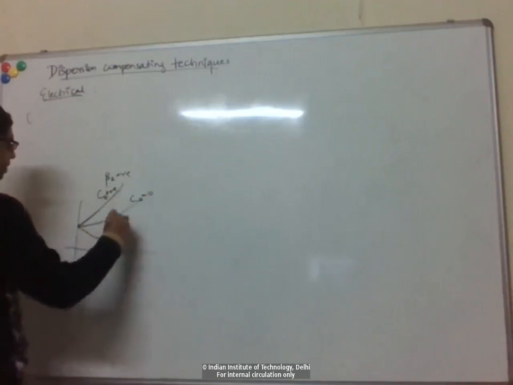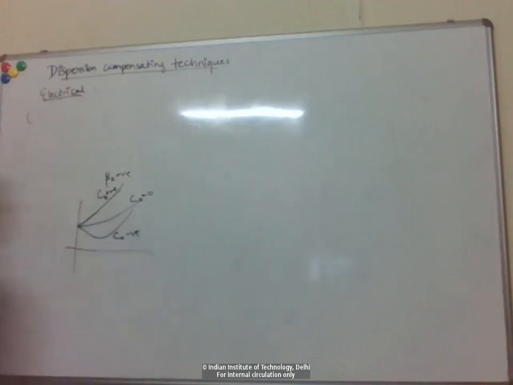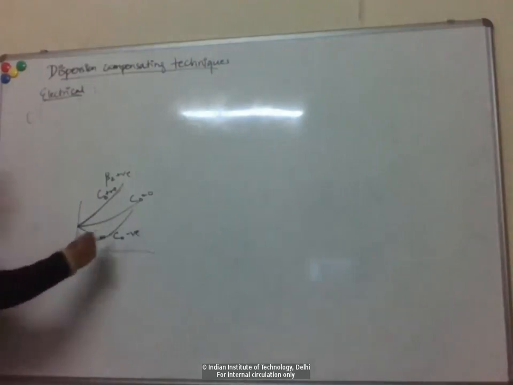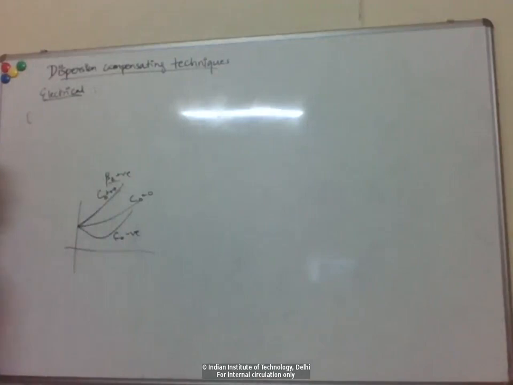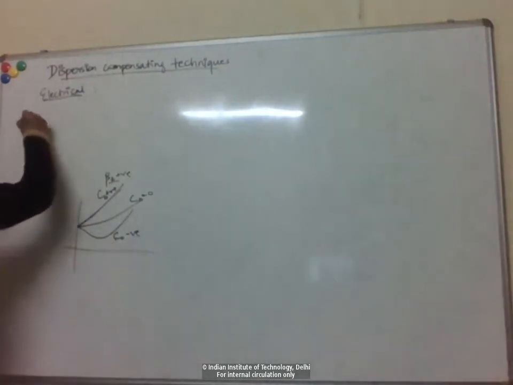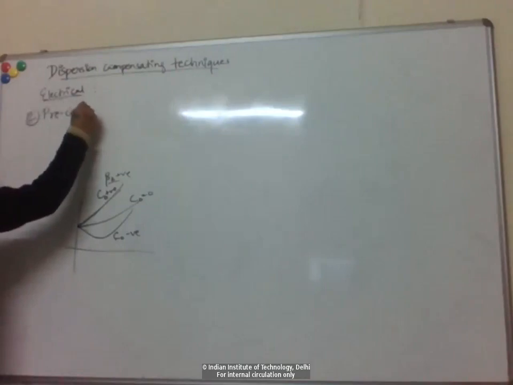If the input chirp was negative, then it was like that. Right? So you can see that if my input chirp on the pulse is the opposite sign of my beta 2, then I can mitigate the broadening, right? So that is what is used in this technique called pre-chirping.